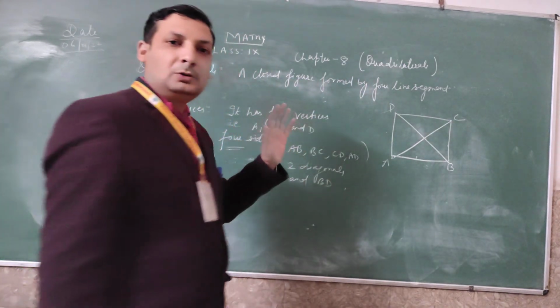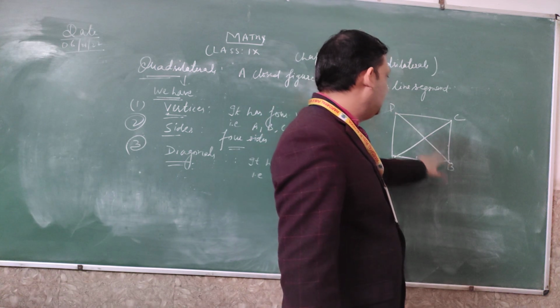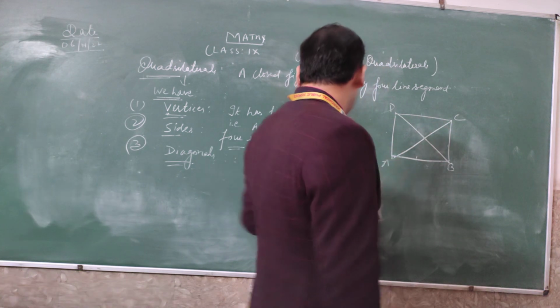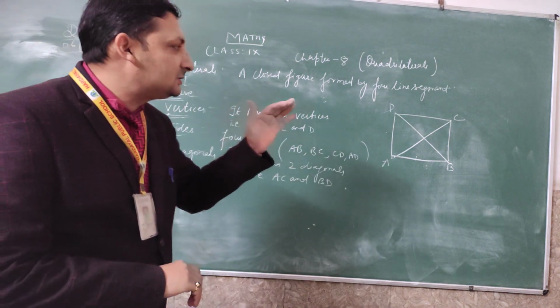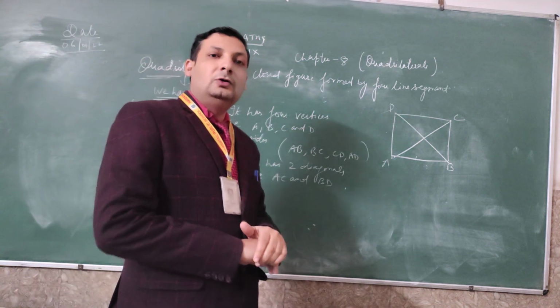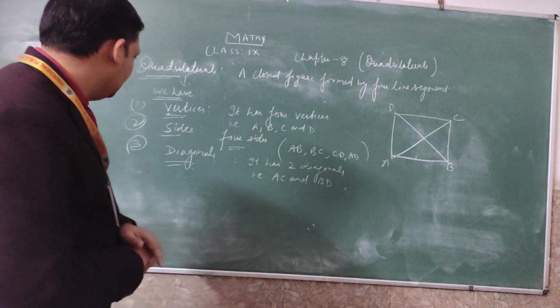So when we talk about a quadrilateral, it has 2 diagonals, BD and AC. So what are diagonals? Joining the opposite points of a quadrilateral makes a diagonal.